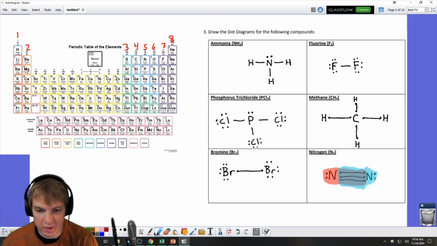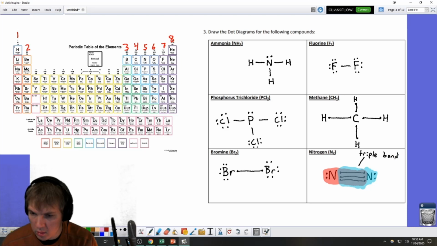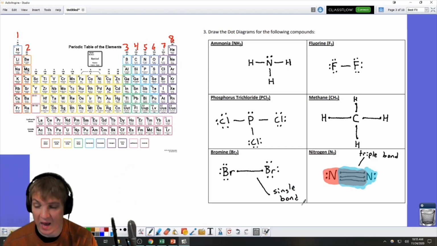And this nitrogen has created what's called a triple bond. So we haven't covered that yet, but this is a triple bond. Whereas the bromines, right here, they only have a single bond. Okay, there is a double bond that exists, and the highest bond actually is a triple bond.